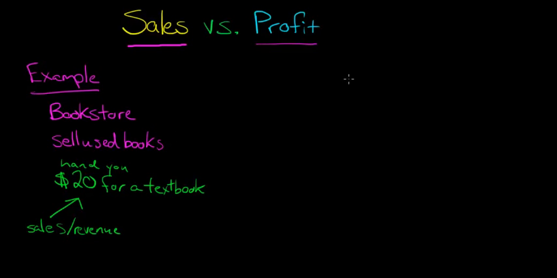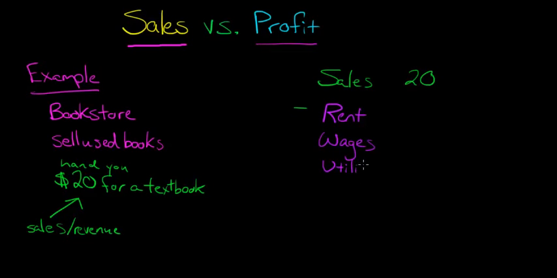So let's take this $20. Say sales, $20. But to get that $20, we had to subtract out, we're going to have rent, we're going to have wages that we pay to employees, we're going to have utilities like the electric bill.